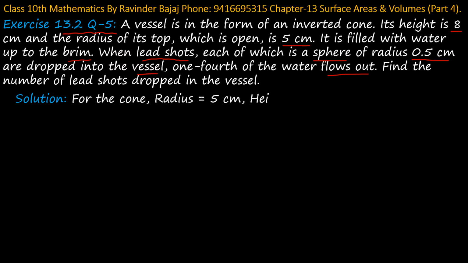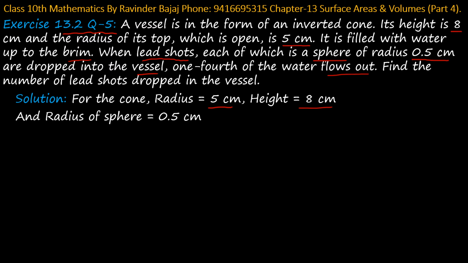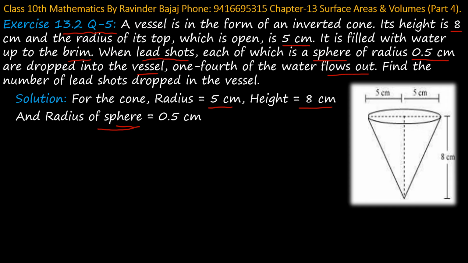For the cone, radius is equal to 5 cm and height is equal to 8 cm. Okay, and radius of sphere is equal to, तो जो lead shots हैं वो spherical shape के, it is equal to 0.5 cm. See, this is the cone in which water is filled. Its radius is 5 cm.